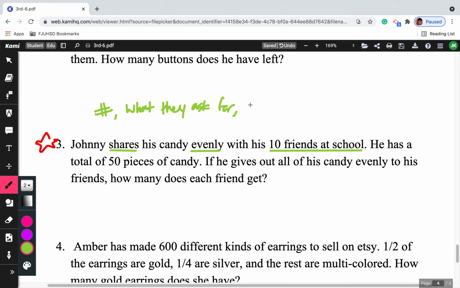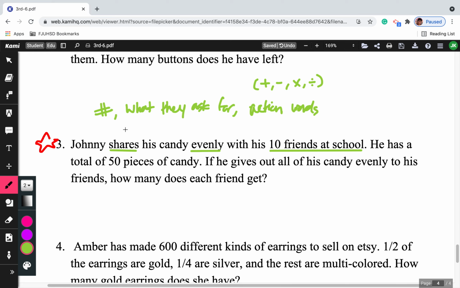and action words. I don't know what they're called actually, but they're usually a word that tells you to use addition, subtraction, multiplication, or division. So this is basically saying he shares evenly.